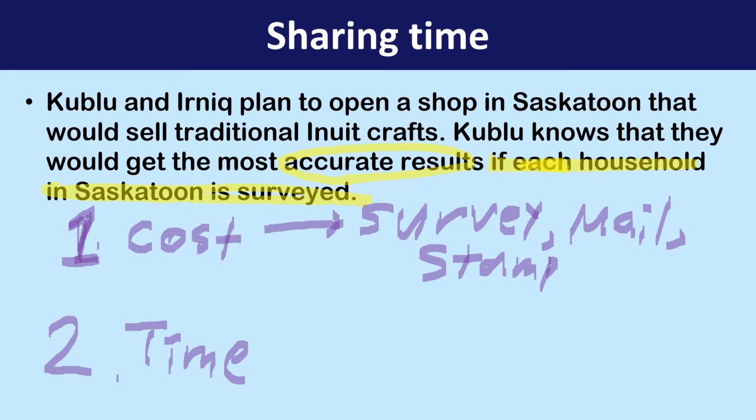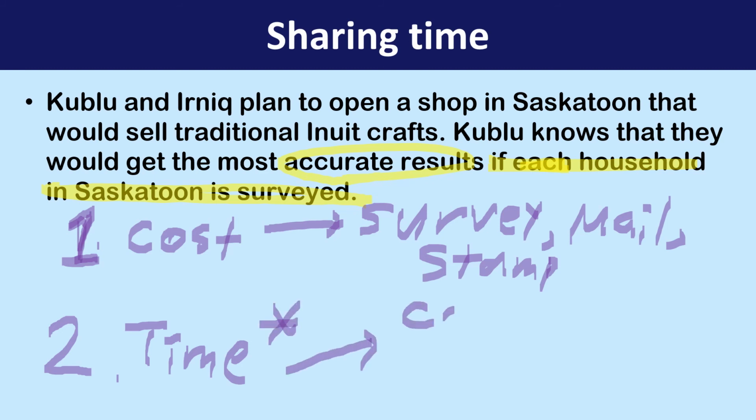So it is done by the government, but that one goes to every single household. So imagine how long it takes. And this is a situation where you're surveying every single household in the big city called Saskatoon. So time plays a huge role.